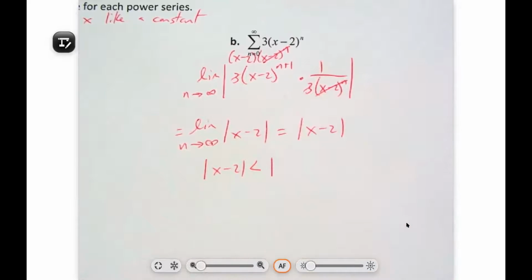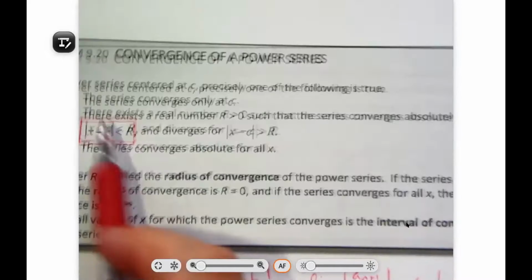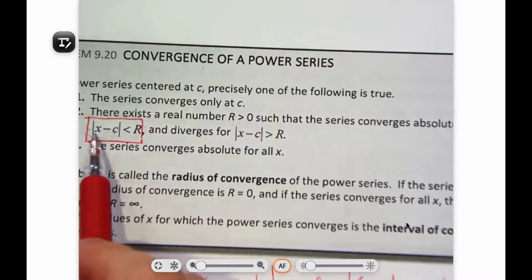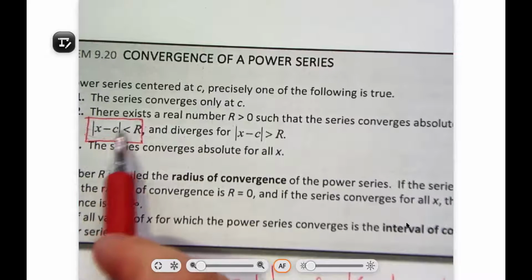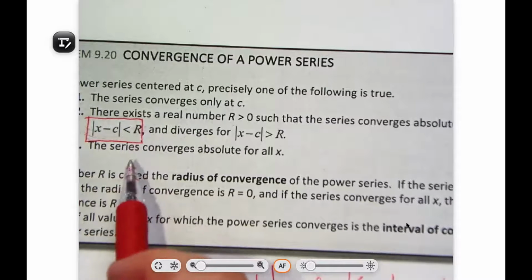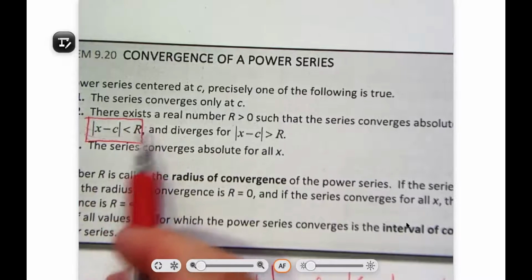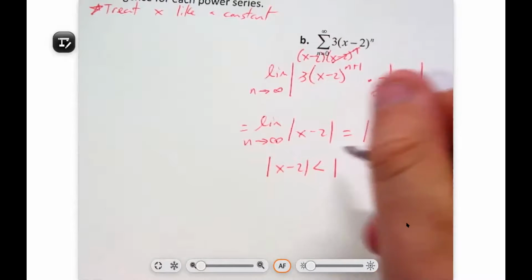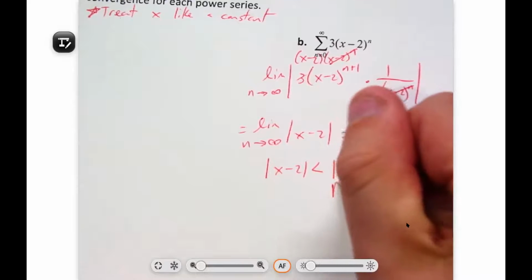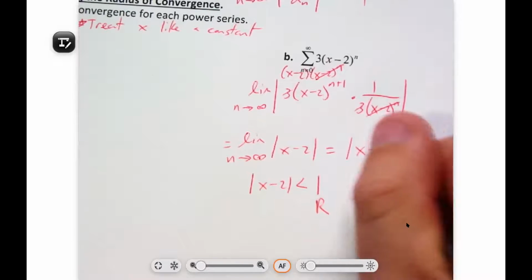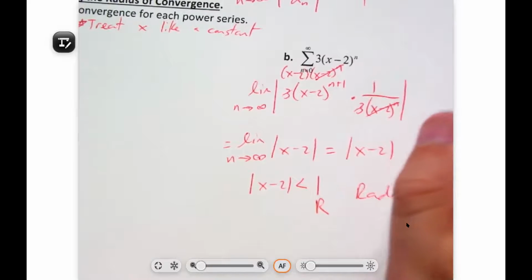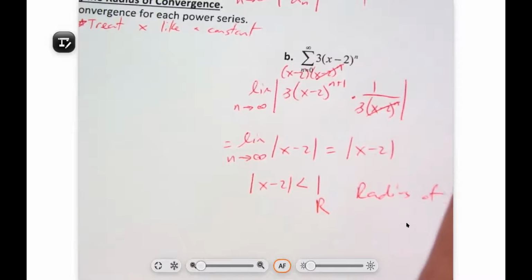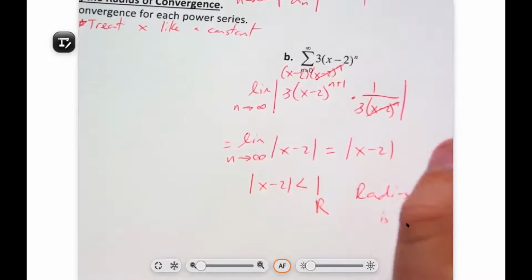Our goal for the radius of convergence is to get to a form that looks like this: the absolute value of x minus c is less than some number. That number is your radius of convergence. What that means for this problem is that 1 is the radius of convergence. That is r, so r equals 1.